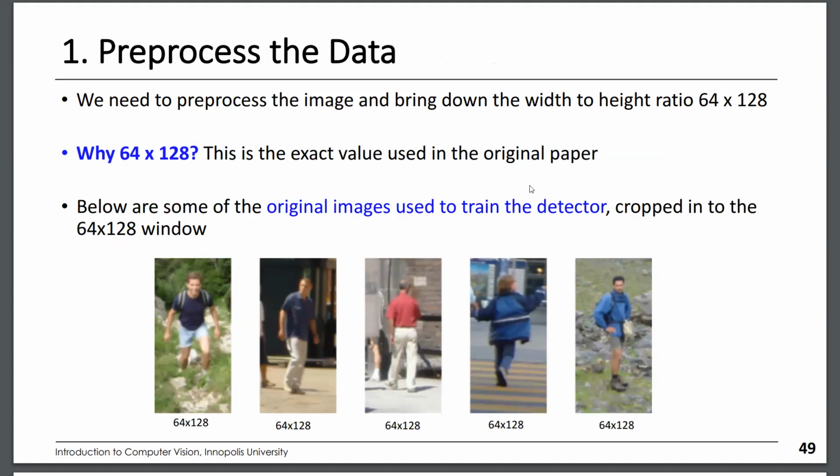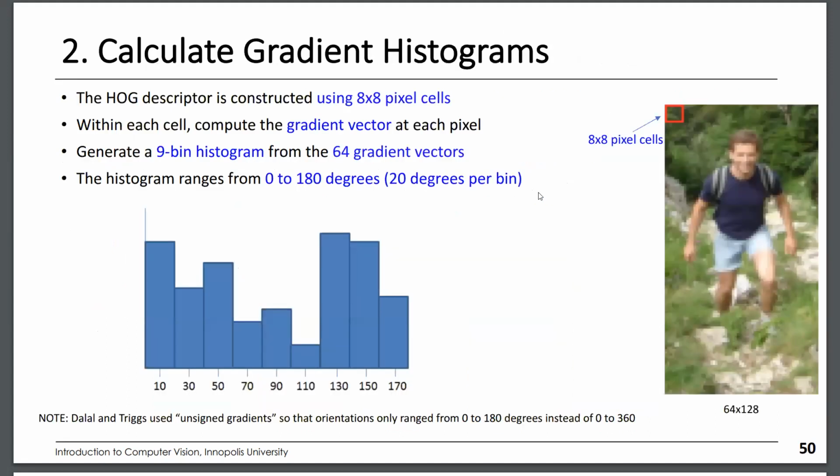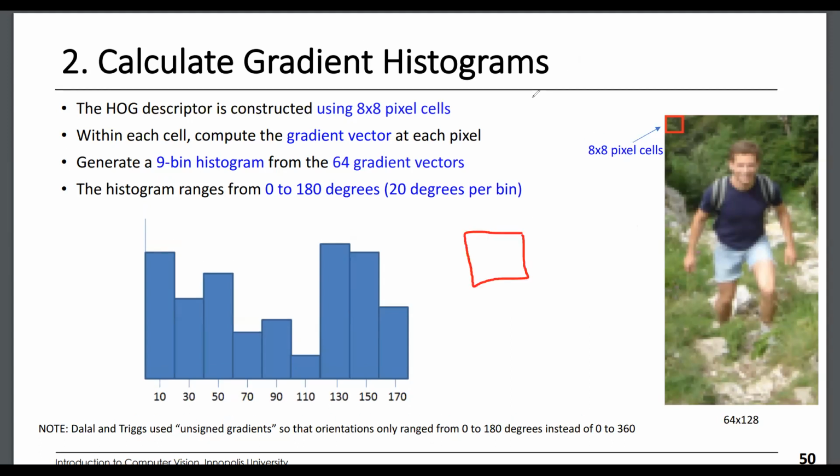You can use anything else that you want, right? So what we do is split the image into 8 by 8 pixel cells. Then within each cell, we compute the gradient vector. How do we compute the gradient? By using Sobel or any of these other kernels, right? So at this 8 by 8 cell, I apply Sobel and calculate the gradients.